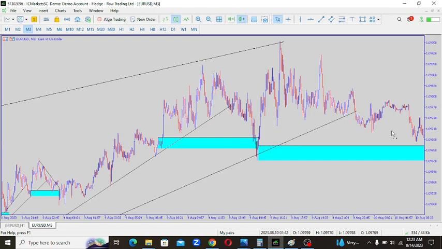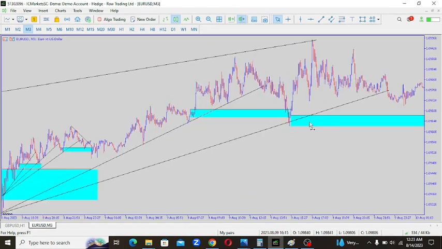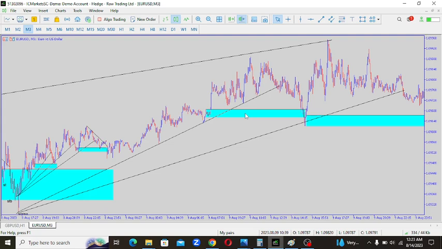The fourth entry, okay. When I took this entry, I was a bit confident, but a little bit reluctant. I just placed the trade.